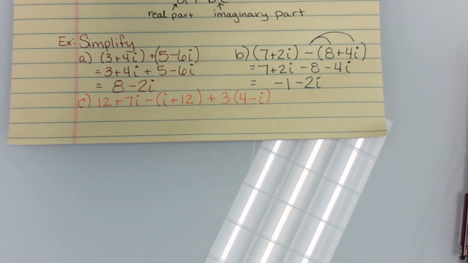So the exact same thing is if you distribute the 3 and the negative, and then you add them all together. Do y'all agree with Luke? Yes. Do you think that's what we're going to do? Yeah. I am adding a real number, a pure imaginary number, subtracting a complex number, adding a real number times a complex number. Doesn't matter. It's like combining like terms and multiplying and distributing.